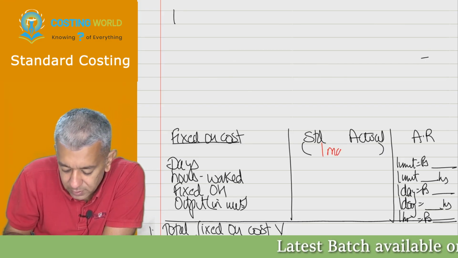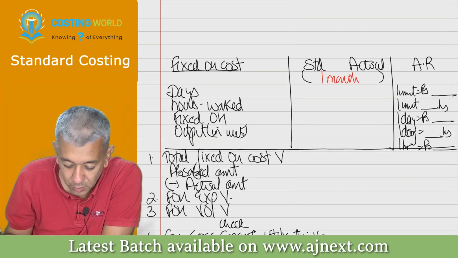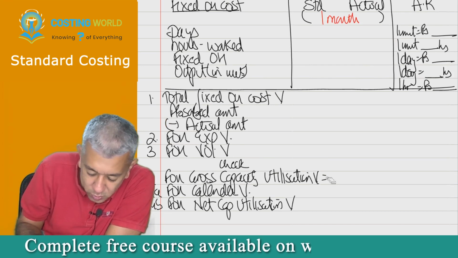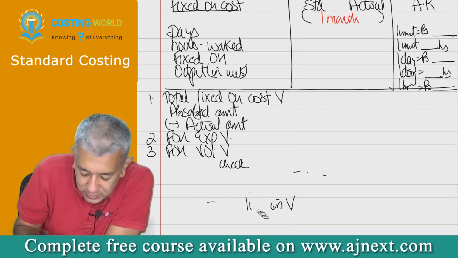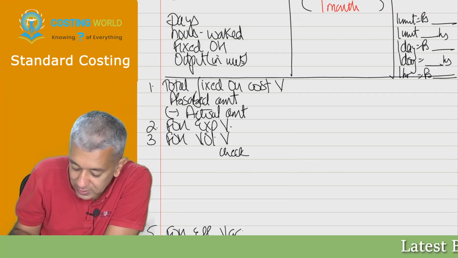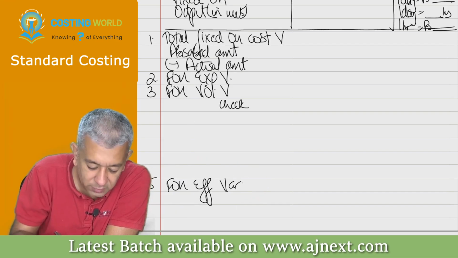Write down 1 month. Okay, make this format, and I have not asked you these variances. I have asked you first 3 variances, and I have asked you fixed overheads efficiency variance.